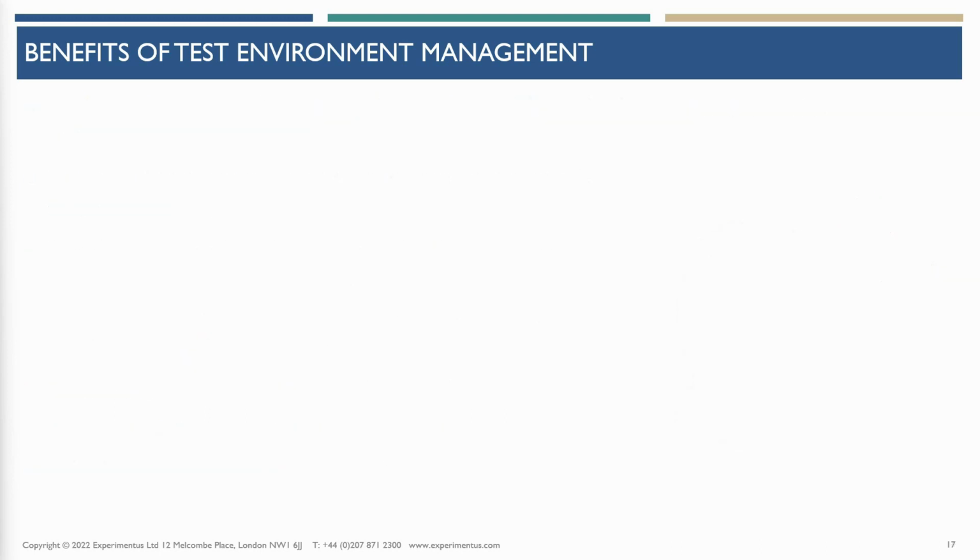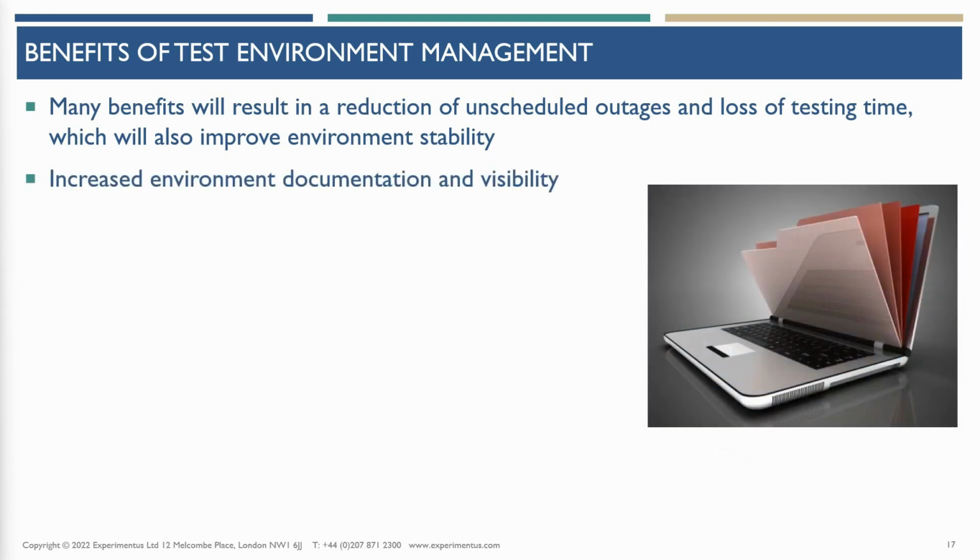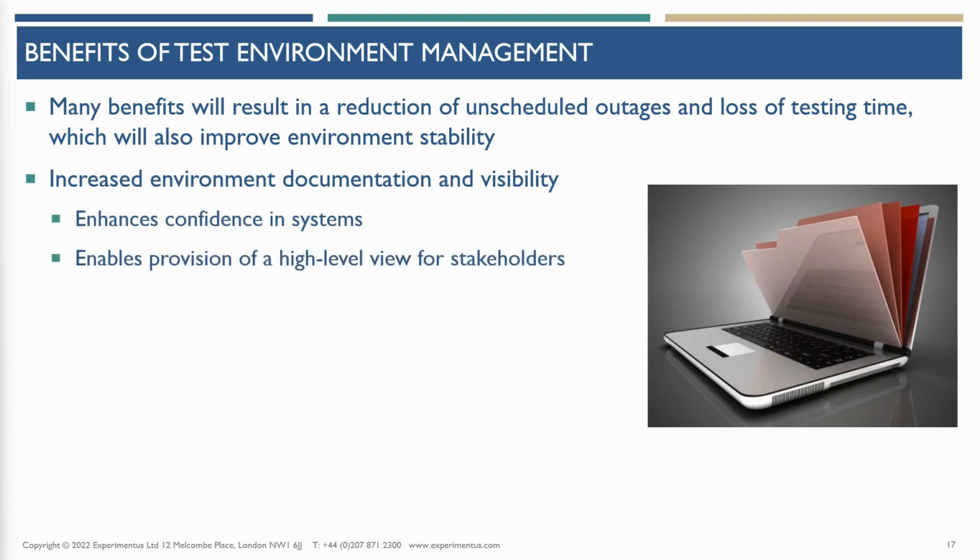Many of the benefits I've mentioned will result in a reduction of unscheduled outages and loss of testing time, which in themselves improve environment stability. Increased environment documentation and visibility enhances overall confidence in systems and enables provision of a high-level view for senior stakeholders.